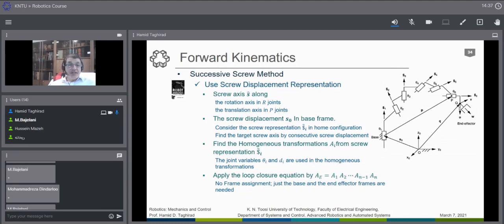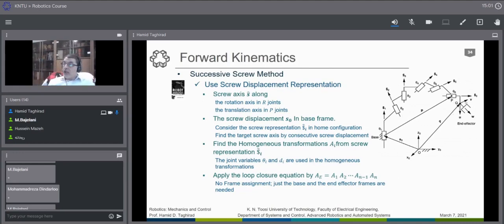So we need another frame, which is usually on the end effector, or if we would like to solve for the wrist position, we can put a frame on the wrist. So we need only two frame assignments. One is the base, and the other one is the point that we are finding the kinematic analysis for.